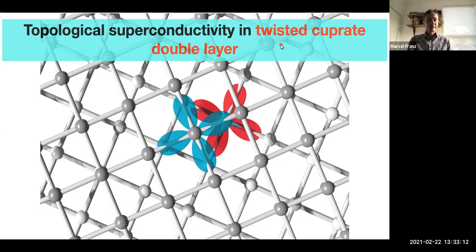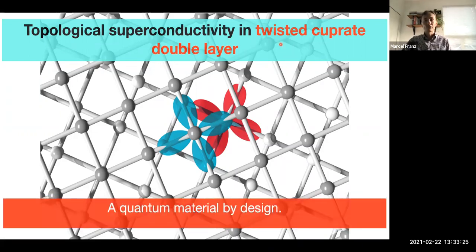This is a more traditional condensed matter topic where we ask the question: what happens when we put together two layers of a high TC superconductor with a twist? So it's a variant on the twisted graphene paradigm, and there are some interesting results that I would like to share with you that come from this.